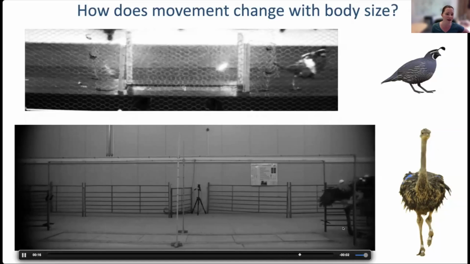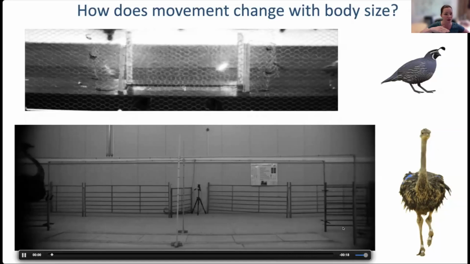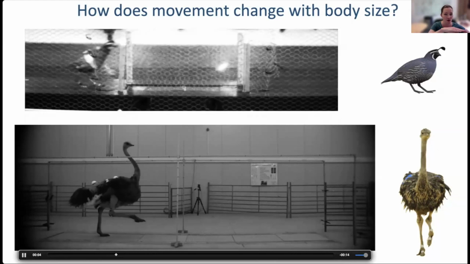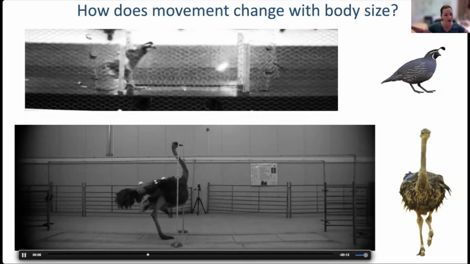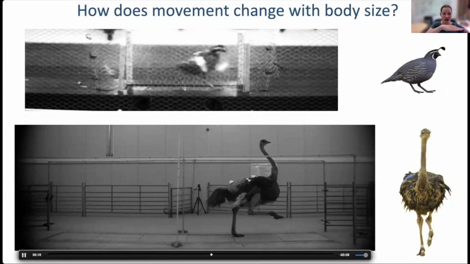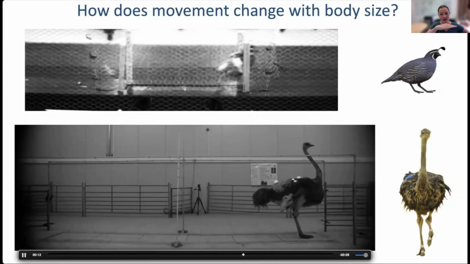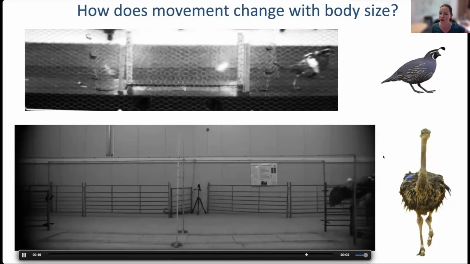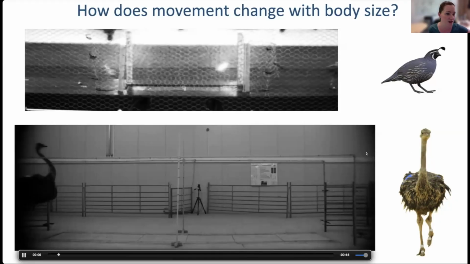The ostrich running tends to have a more vertically bouncy running gait, where the quail tends to have a flatter trajectory, where it's using longer strides and keeping its center of mass less bouncy in comparison, right? But we want to be able to rigorously compare this, right?